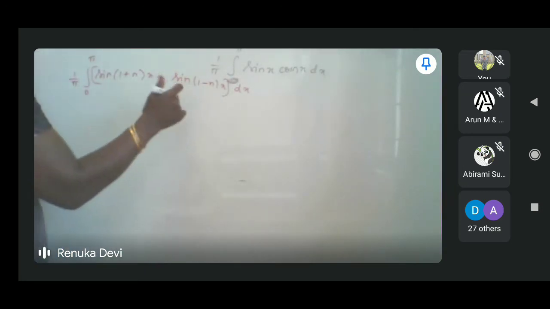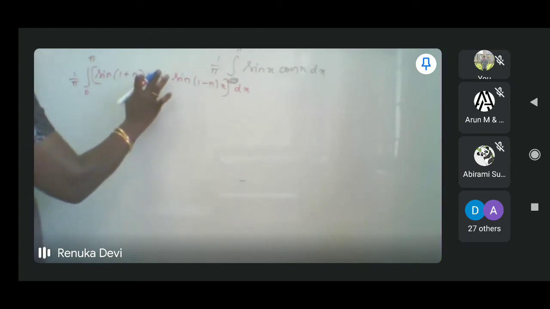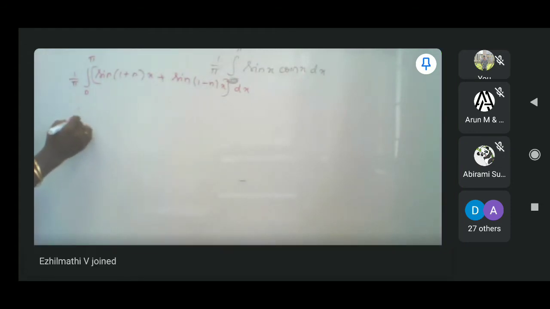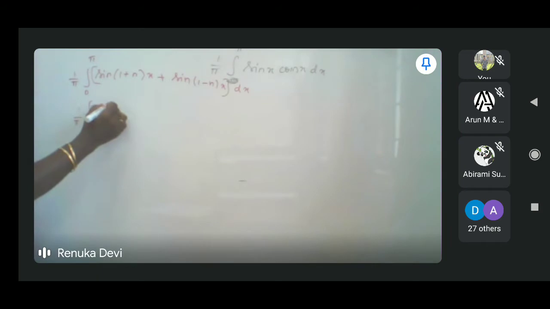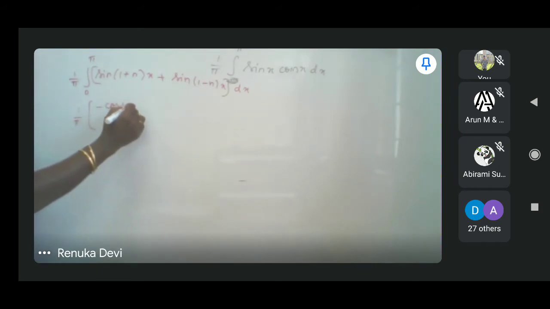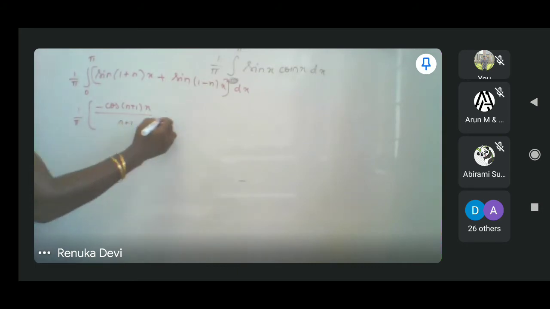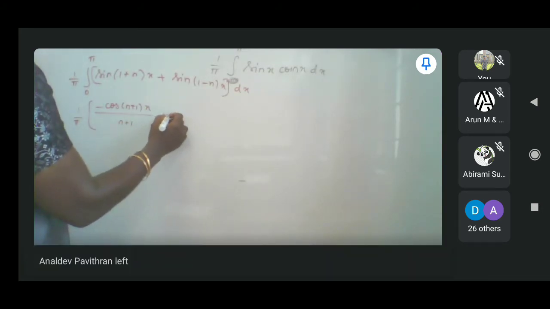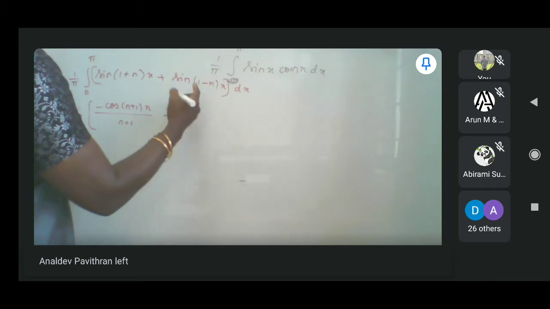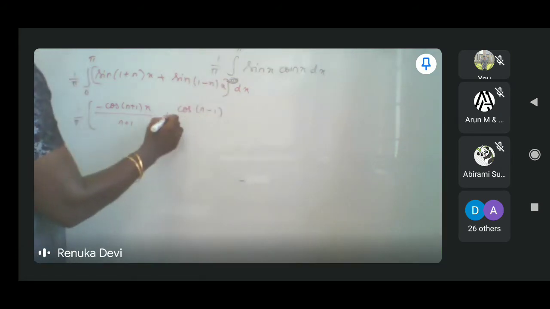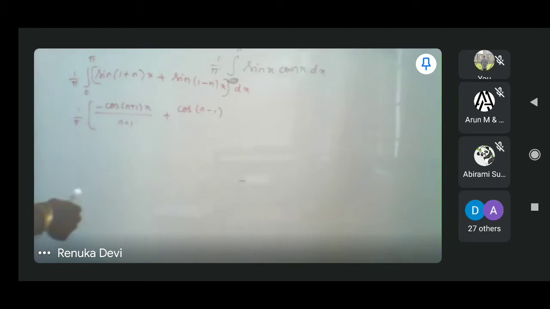Or if I take n minus 1, it will be minus. That also is okay. This is minus cos n plus 1 x by n plus 1. So this is minus cos. If I take n minus 1, it is plus. That is the meaning.